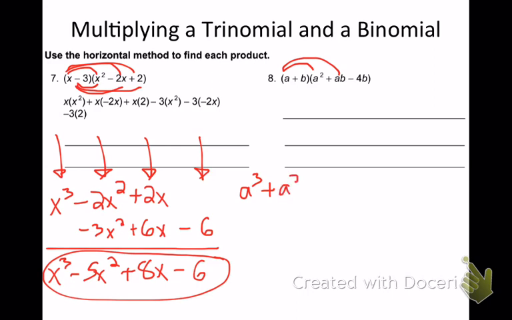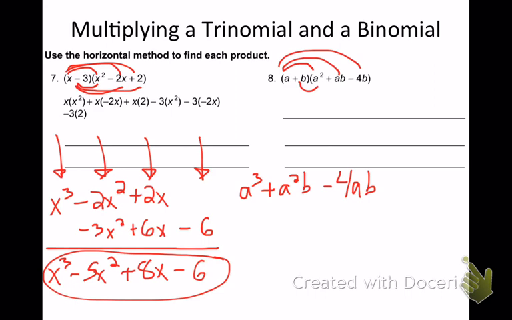How about a squared b? And then a times negative 4b gets me negative. What's a times 4b? Negative 4ab. Great.